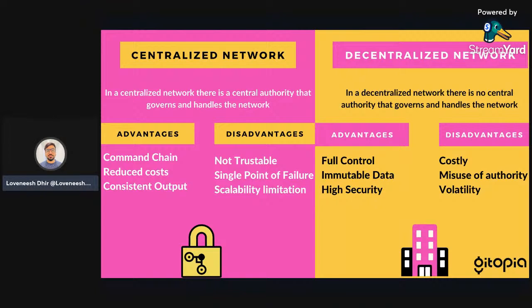In simple terms, let's say that I have to send some money to someone. If we do it through the centralized process, then that transaction needs to be verified by a centralized authority.